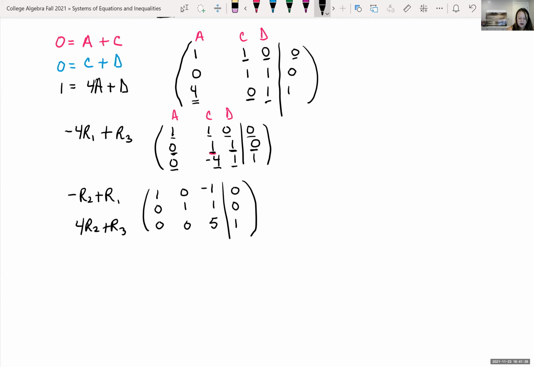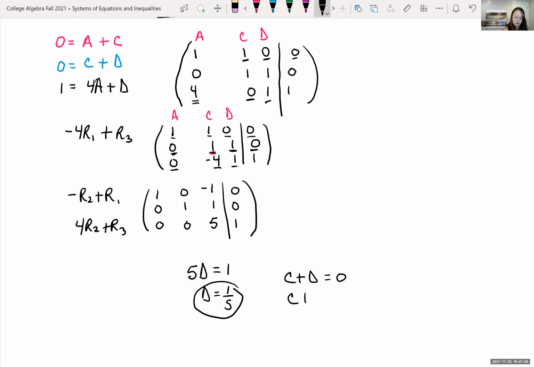So again, this is where I would do back substitution, so I don't have to deal with fractions. So I get that 5D is equal to 1, so D is 1/5. Plugging it into the second equation, I have to remember I don't have a B, C plus D equals 0.